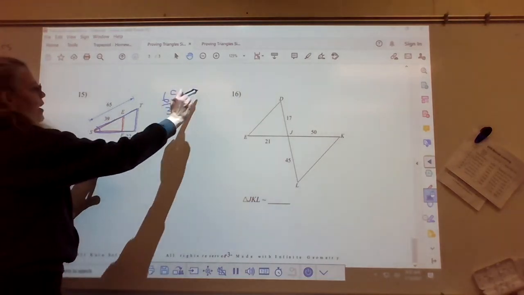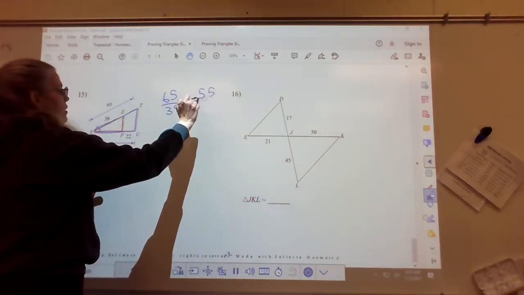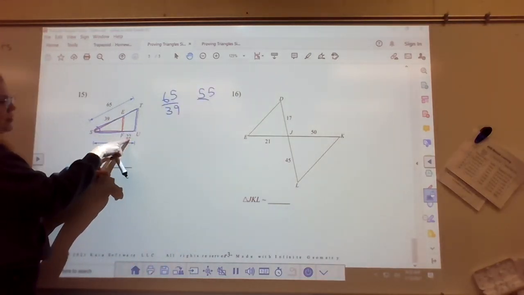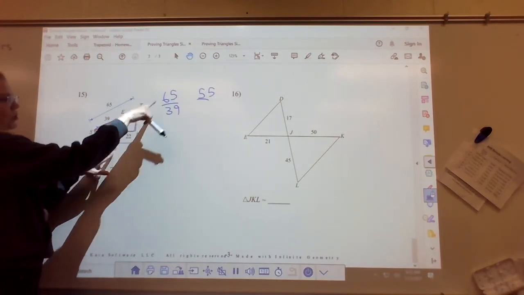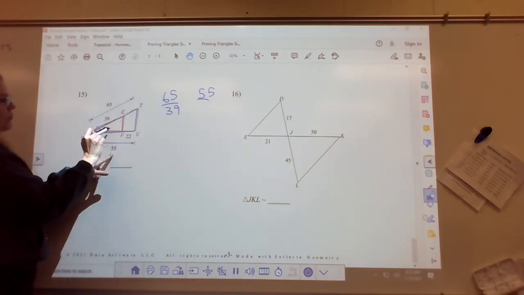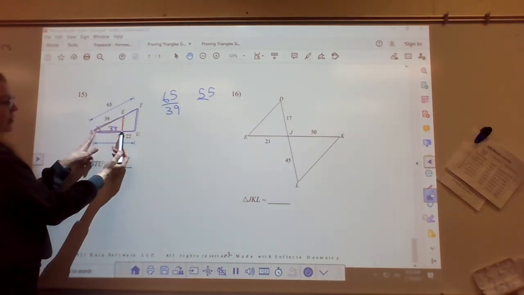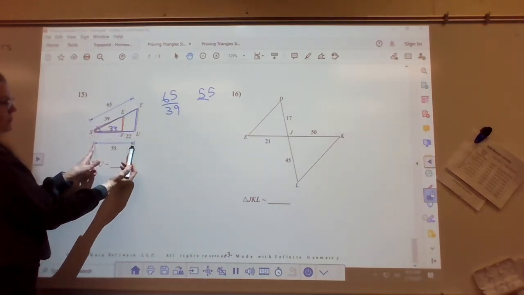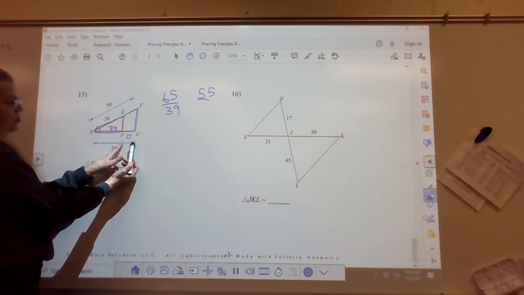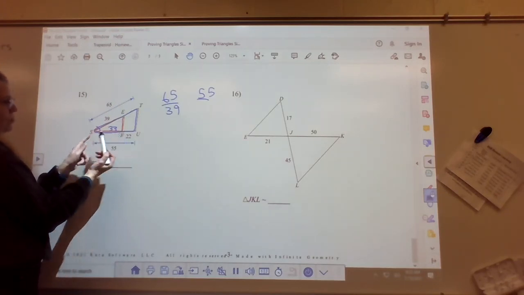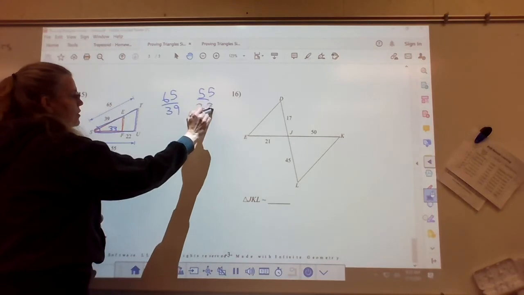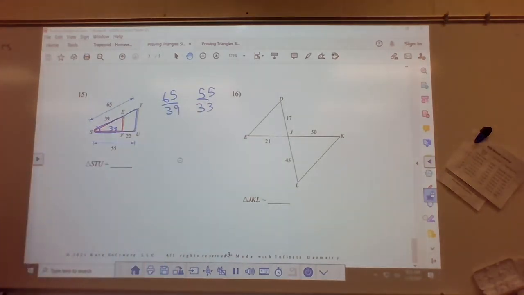The 55, and here's the tricky part. I've got a 22 here, but I'm not actually using the 22 over here. The 22 is going to help me find 33 here because I need the red triangle. So 55, subtract 22. If I chop this piece off, I get 33. So I need a 33 there. That's the tricky part about that.